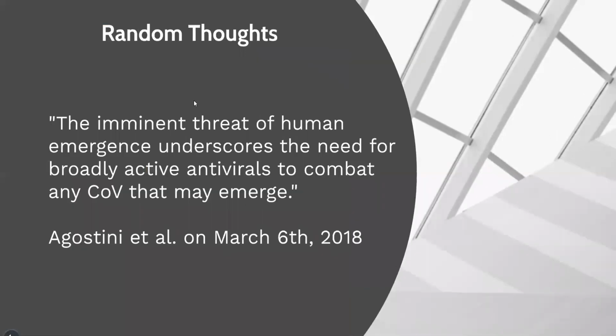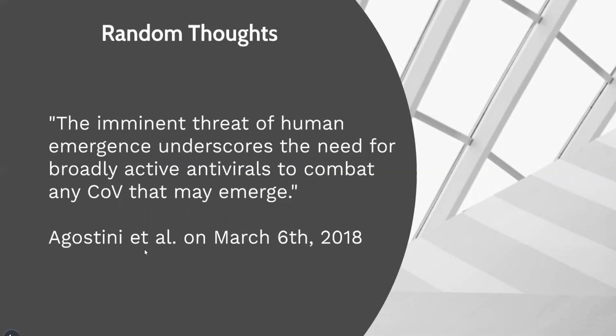Some random thoughts that I had when I was reading through papers to make this is everywhere I read, all the way back to 1995 or 2004 with SARS coronavirus, I saw the papers' introductions discussing that we needed to figure out how to treat emerging coronaviruses.